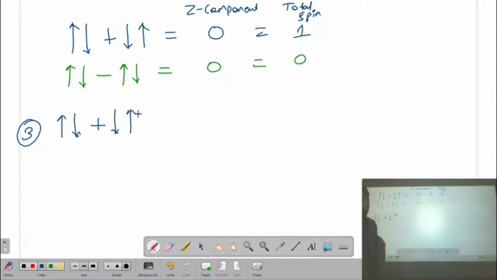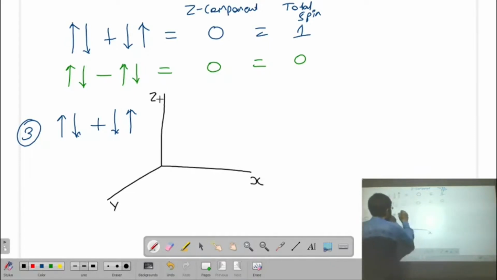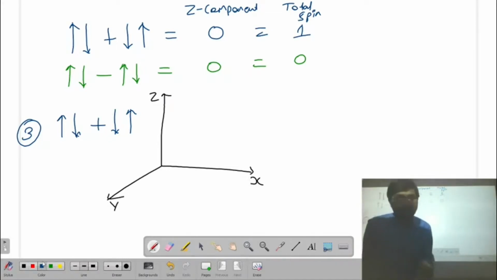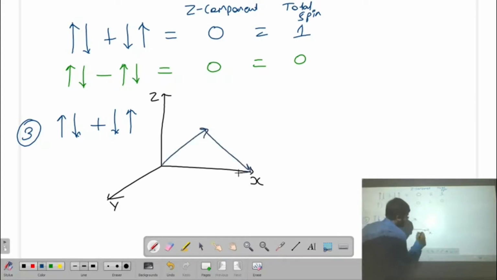In this case, if we take three axes, then the vector addition of two spins will be in such direction.